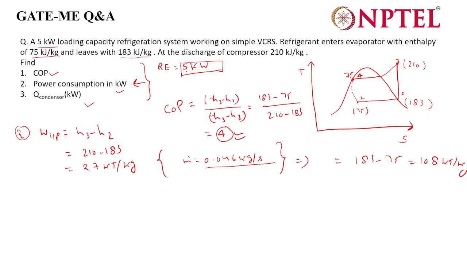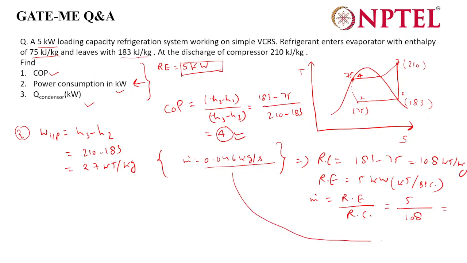And the refrigeration effect is 5 kilowatt, or we can write it as kilojoule per second. So we can get the mass flow rate as refrigeration effect by refrigeration capacity. So the refrigeration effect is 5 and this is 108. Then the kilojoule will cancel and the same thing will come, right?